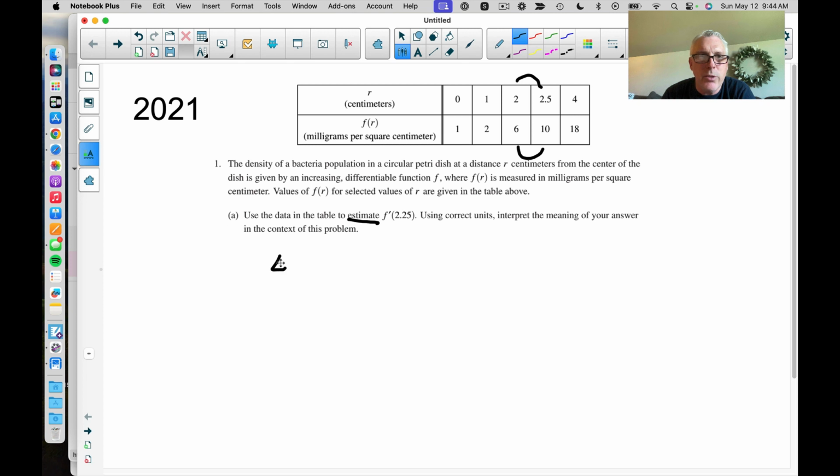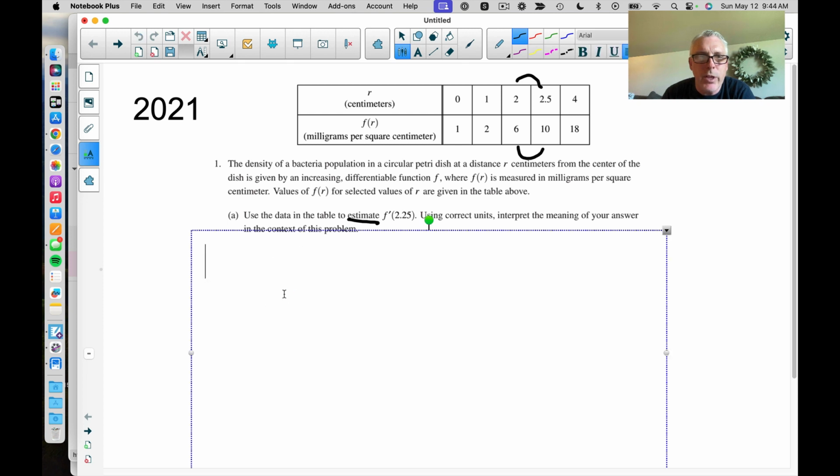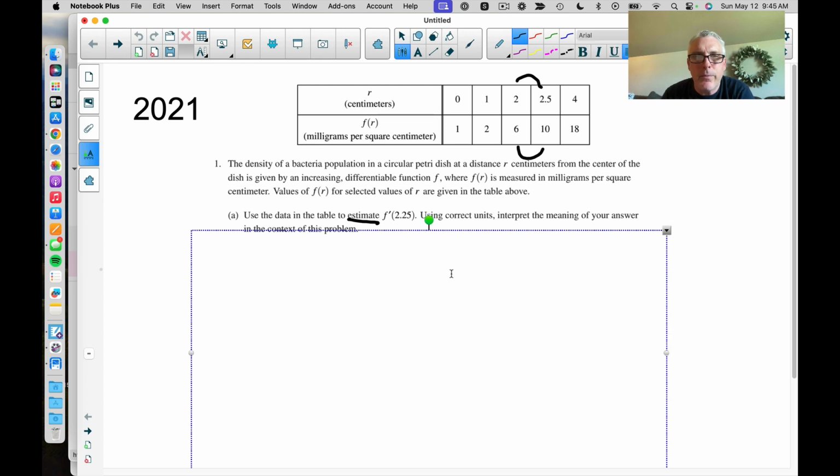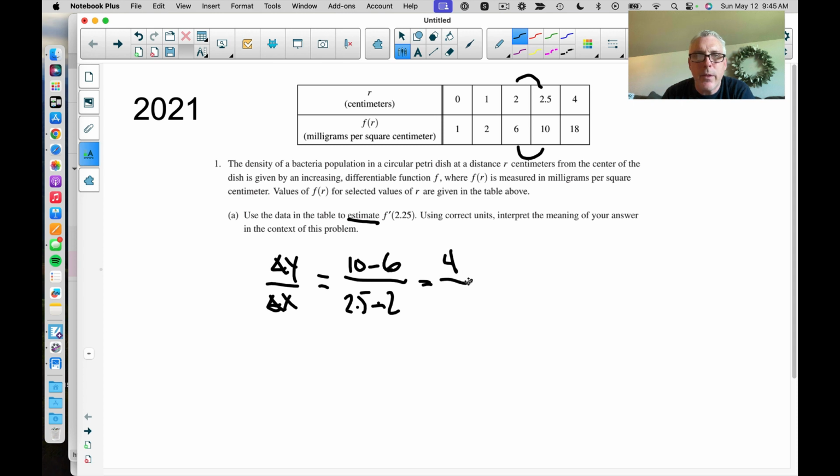And I'm going to go change in y's over change in x's. It looks like my y's are going to be 10 minus 6, and my x's are going to be 2.5 minus 2. That's 4 over 0.5, which is going to give me 8.